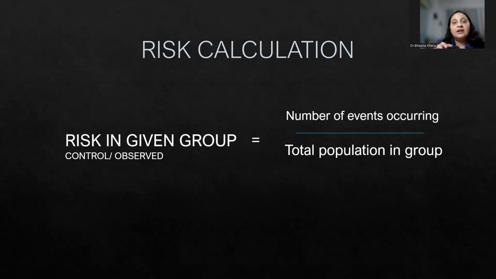Because sometimes the table is different. Here on this part, instead of exposure, you have been given disease, and on the other part, it is the exposure. So you may get confused putting up A, B, C, D. So it is good to remember it like this: number of events occurring upon total population in the group.